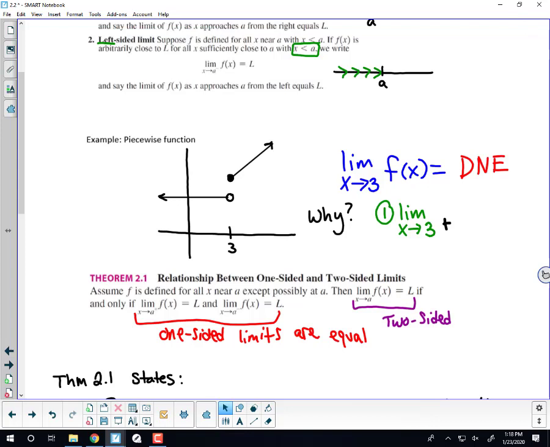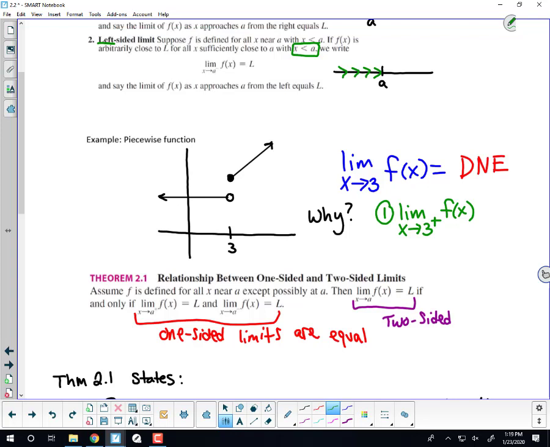That totally changed. Let's try this again. As x approaches 3 from the right, what's the limit as x approaches 3 from the right?